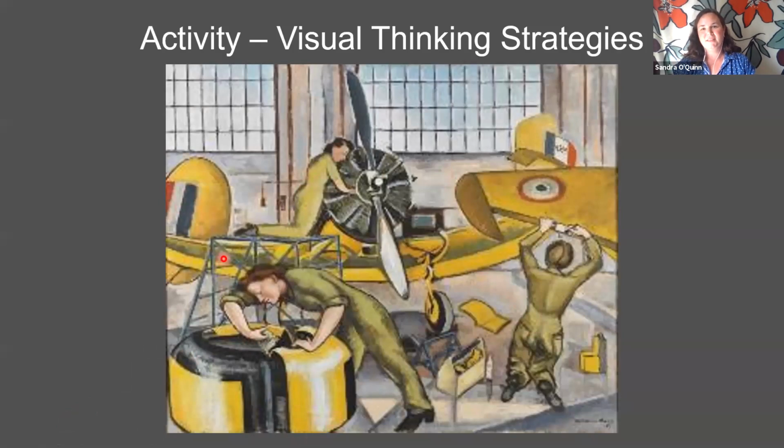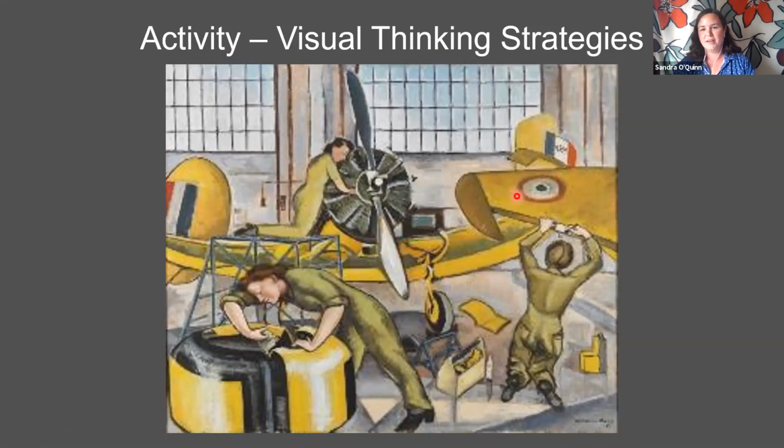So what I'd like to do for this activity is an exercise called visual thinking strategies. One of the amazing resources that we have at the museum is our war art collection. And whenever possible, I like to use it to talk about some of the big themes.